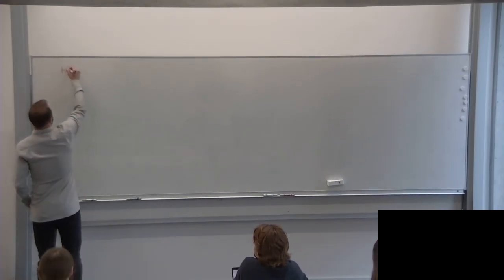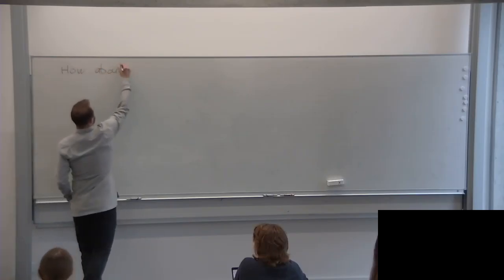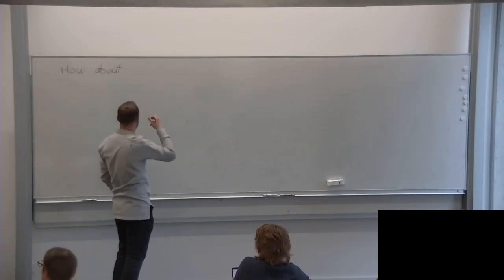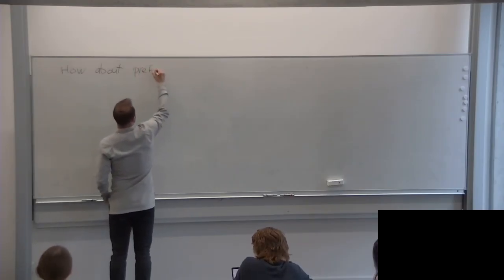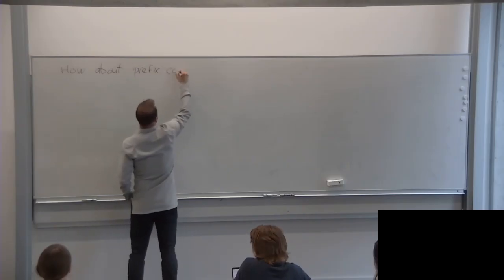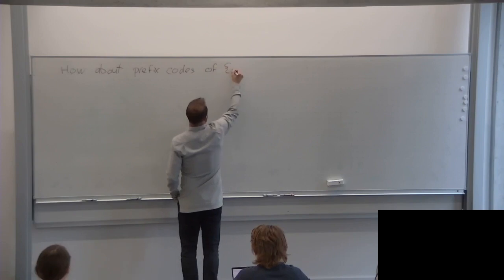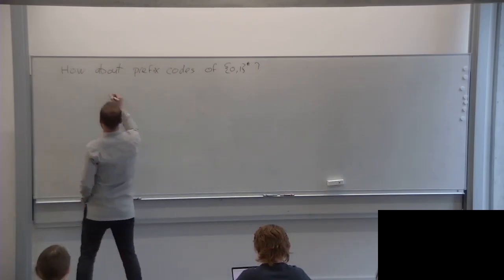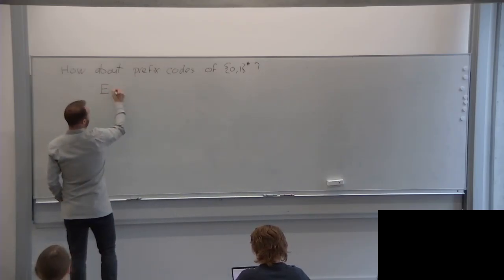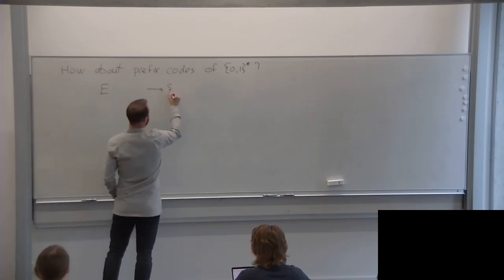So first, maybe I could phrase a problem like that. How about prefix encodings, or prefix codes, I've been saying, of {0,1}* itself? By which I mean, we had E is a code. I always use this calligraphic A for some alphabet to bit strings.